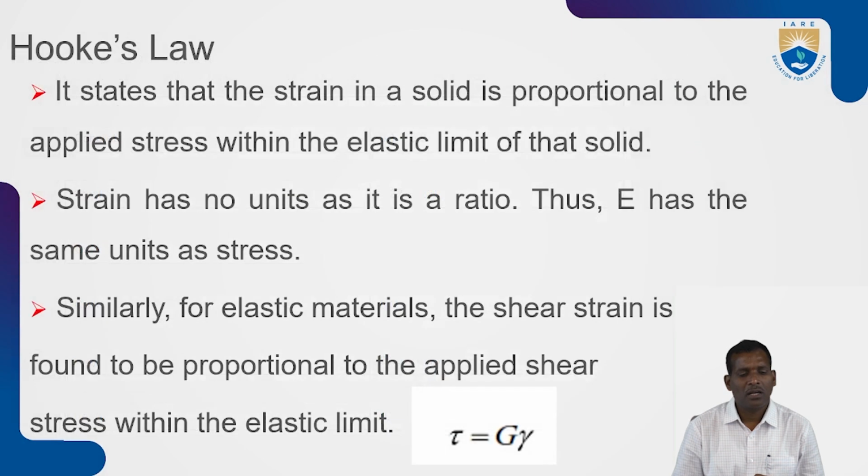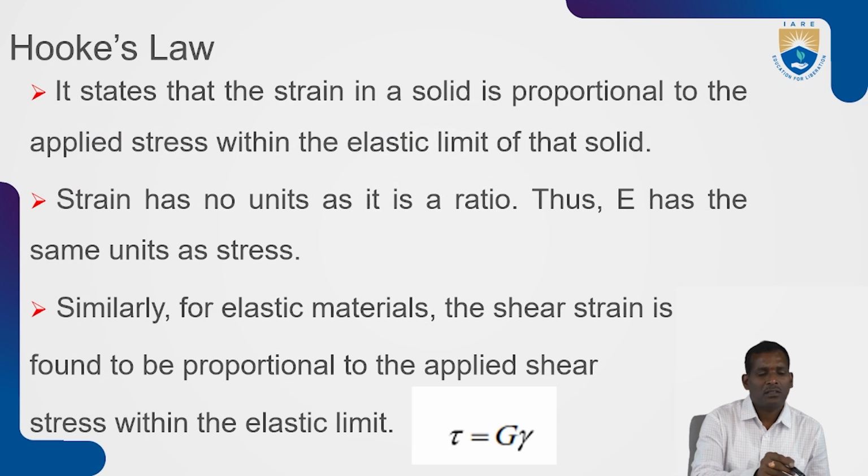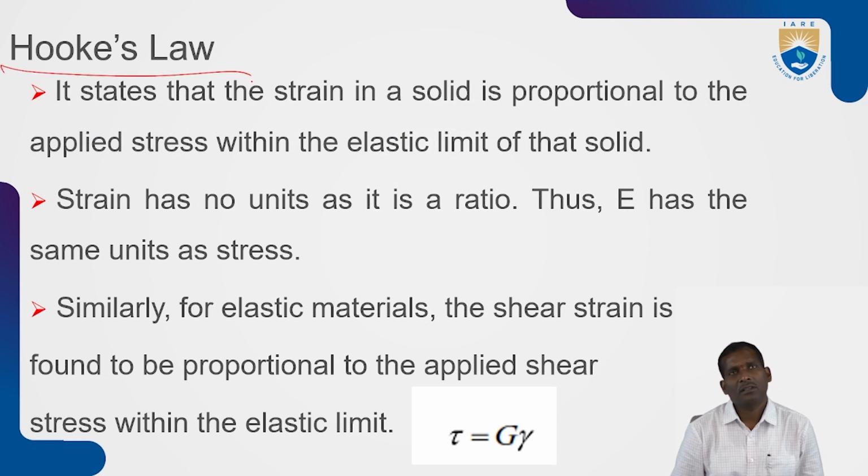Next, Hooke's law, a very important law in these simple stresses and strains. It states that the strain in a solid is proportional to the applied stress within the elastic limit of that solid.